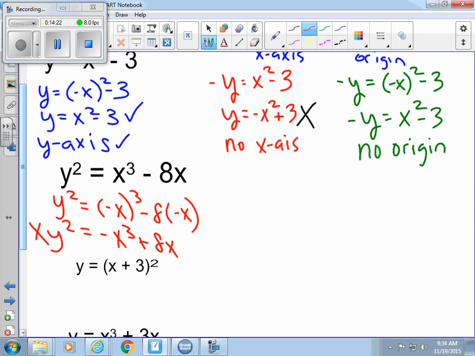Do you have a guess at what kind of symmetry it does have? Probably x-axis. Why do you think it has x-axis symmetry? The y is squared.